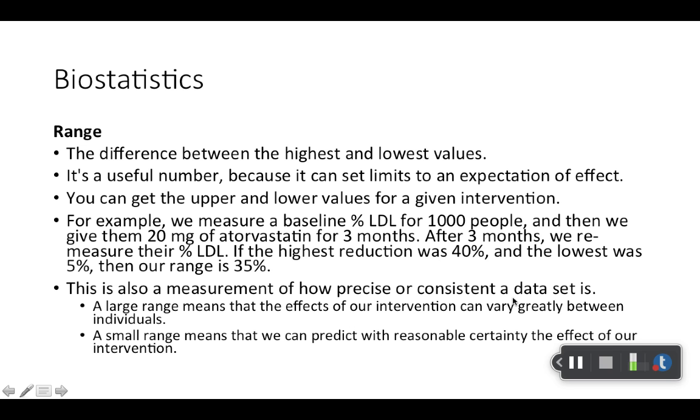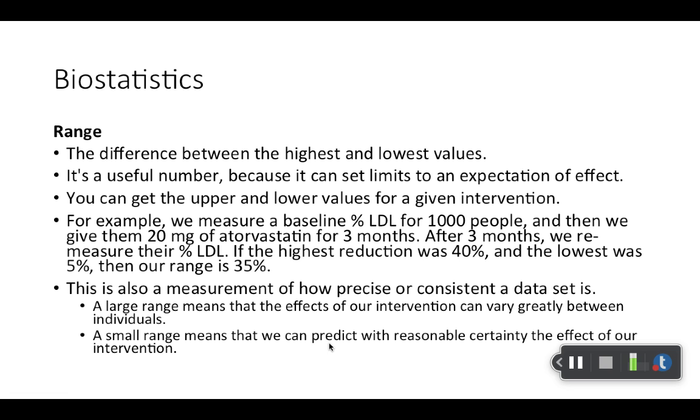It also measures how precise or consistent a data set is. So the larger the range means that the effects of intervention can vary greatly between individuals. So to use this atorvastatin example again, if the highest was 40 and the lowest was 30, then that would be a much smaller range. And so you can predict a little bit better what type of effect the intervention should have.